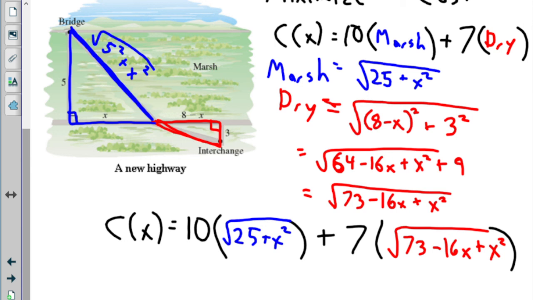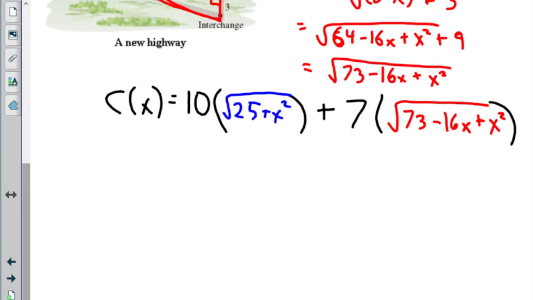And now at this point, instead of spending 10 more minutes taking derivatives by hand and working with the calculator, I'm going to pause it there and say that at this point, you would take the derivative and set it equal to 0.